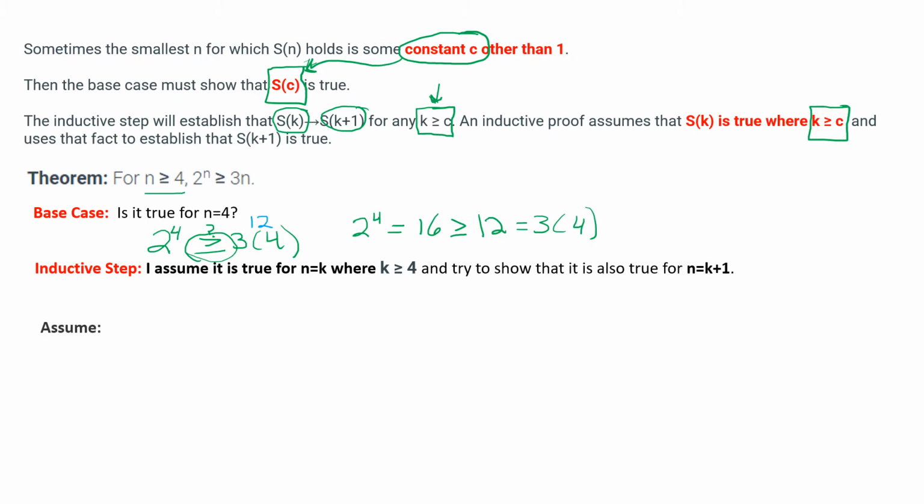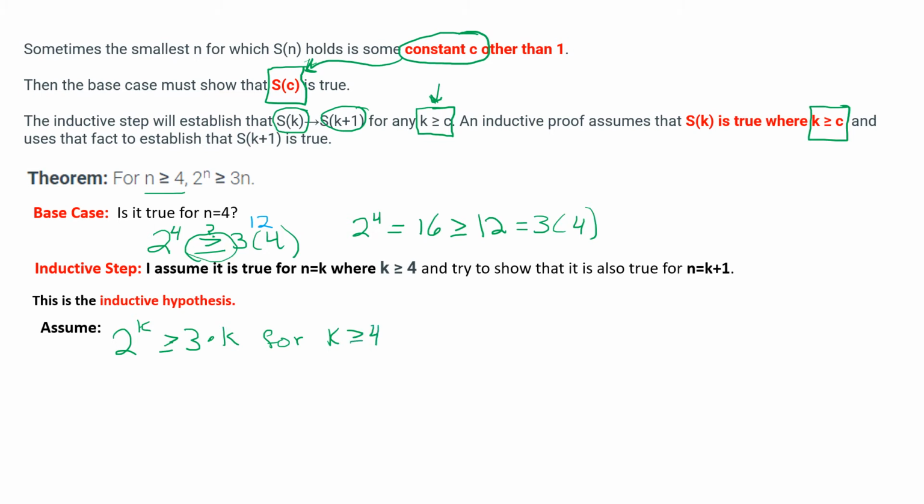So our assumption here, which we call the inductive hypothesis, is going to be that it's true for k. So 2 to the k is greater than or equal to 3 times k for k greater than or equal to 4.